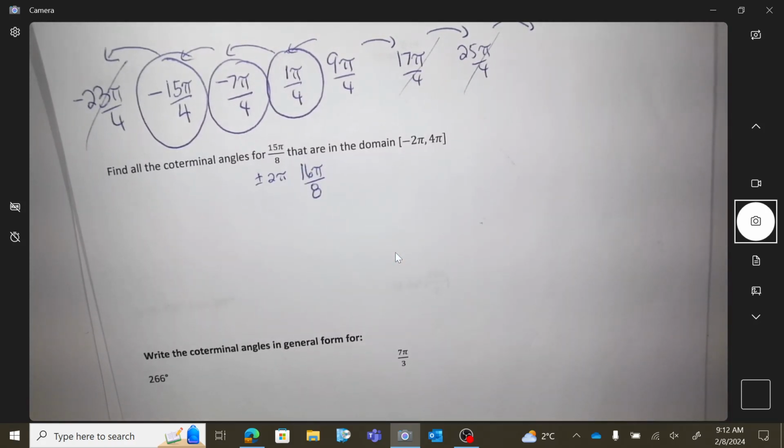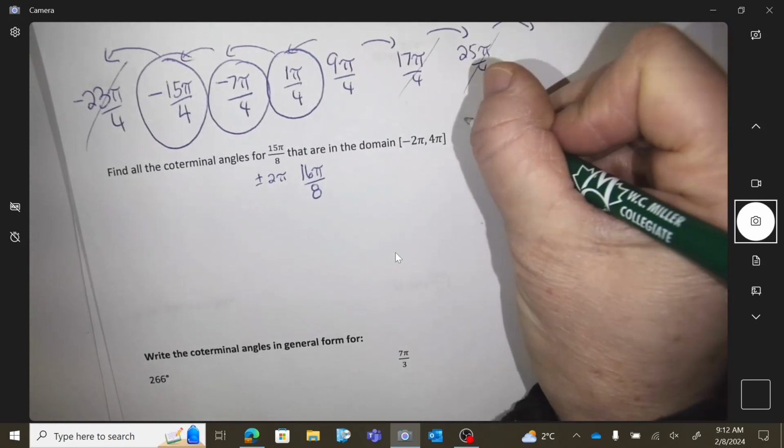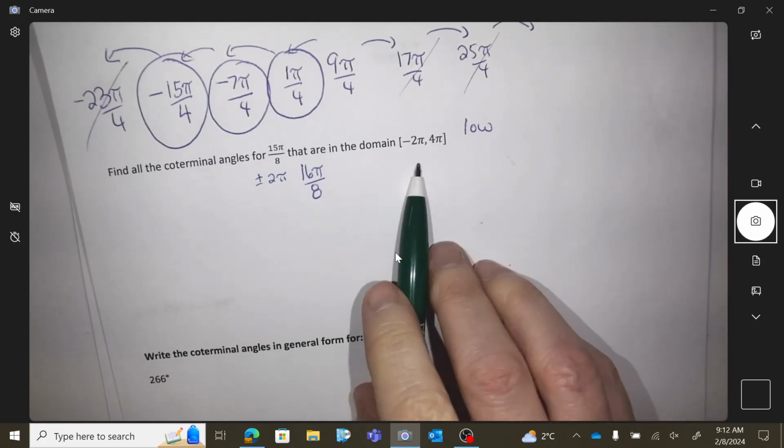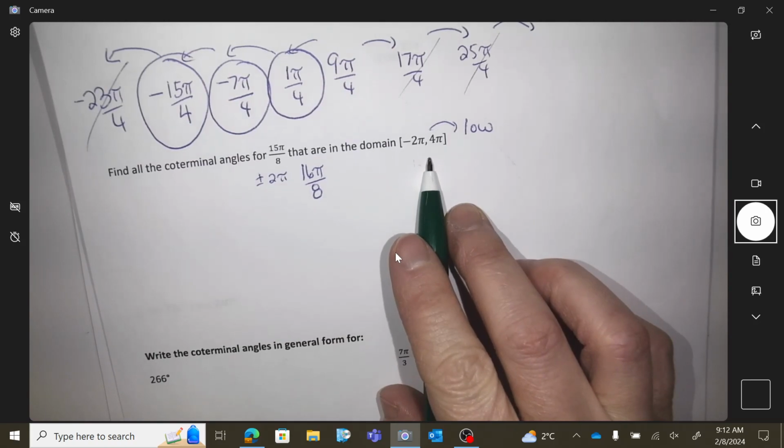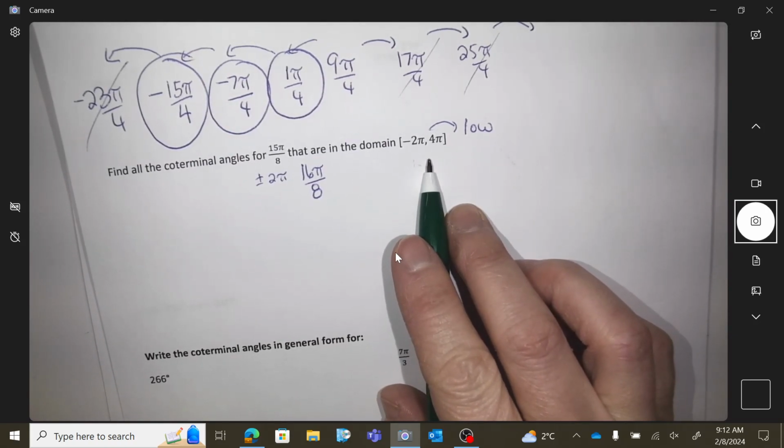So I'm going to go increments of 16 over 8. Would that make sense? 16 over 8 is 2. What's the lowest you can get to?